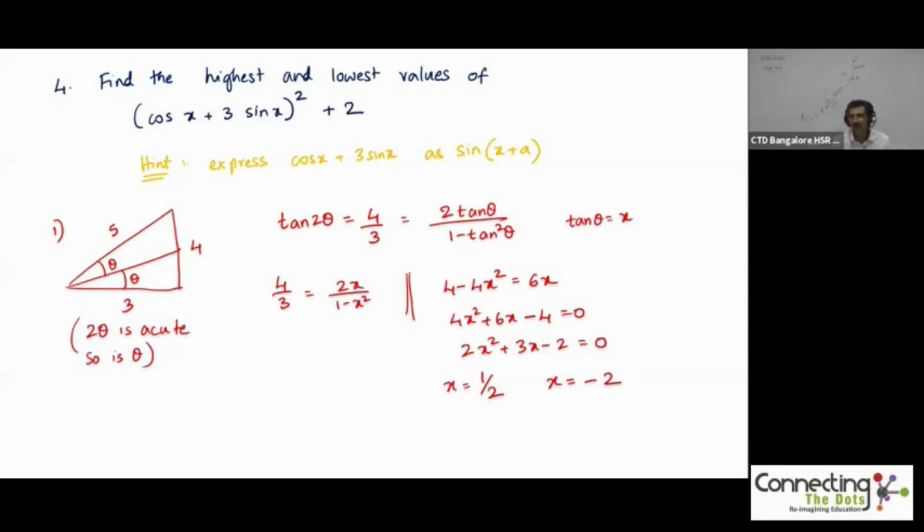So we can't have tan of an acute angle being a negative number, right? So if that is the case, why do we get this solution at all? Why do we get minus 2 if minus 2 is clearly not a valid solution? Why do we have to get the solution and then discard it?